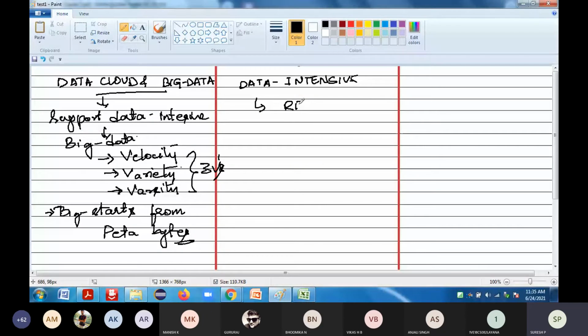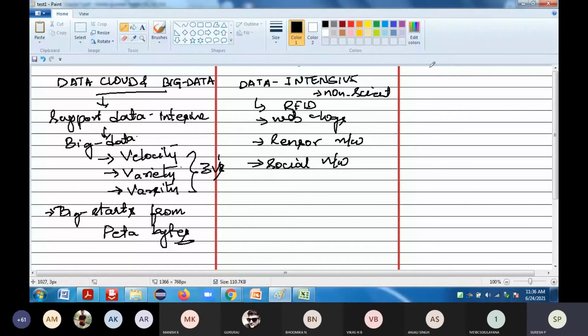It may be in web logs, it may come through sensor networks, it may come through social networks, and some of the documents which are called internal records. These technologies will be used for data intensive computing.